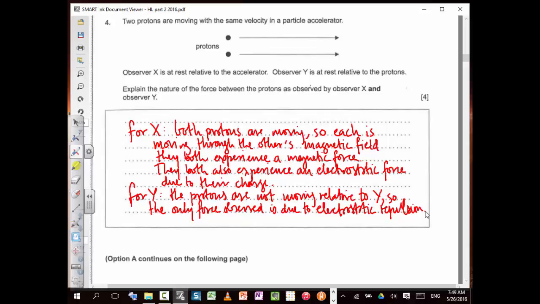So because the 2 charges are moving to the right, it's a positive charge, so we can use the right-hand grip rule to determine that the field must be going like this.